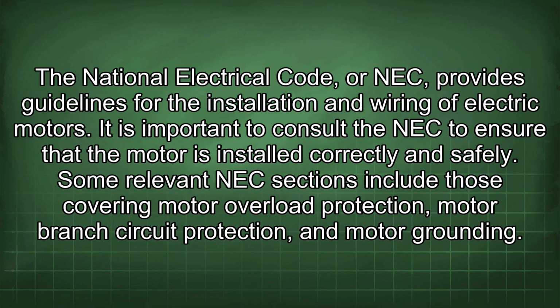The National Electrical Code, or NEC, provides guidelines for the installation and wiring of electric motors. It is important to consult the NEC to ensure that the motor is installed correctly and safely. Some relevant NEC sections include those covering motor overload protection, motor branch circuit protection, and motor grounding.